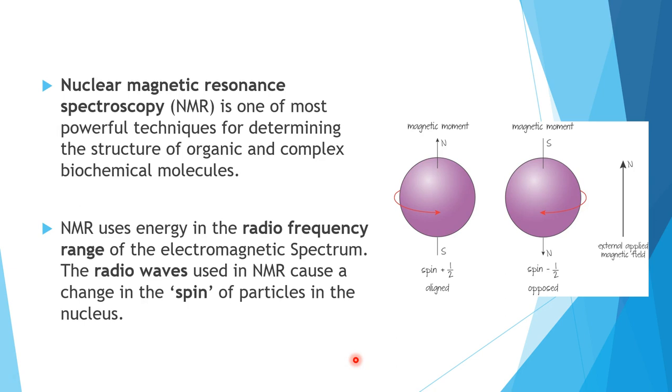NMR really is one of the most powerful techniques used by chemists today for determining structure. It can be used for small molecules, proteins, anything like that, and we only look at a very small fraction of what it's able to do. We do need to remember that it is using radio frequency from the electromagnetic spectrum, so we're talking very large wavelengths, low frequency and low energy.